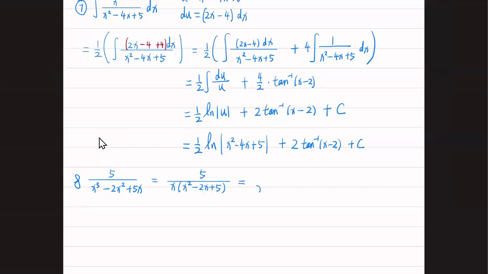Decompose this to a over x plus a quadratic factor.